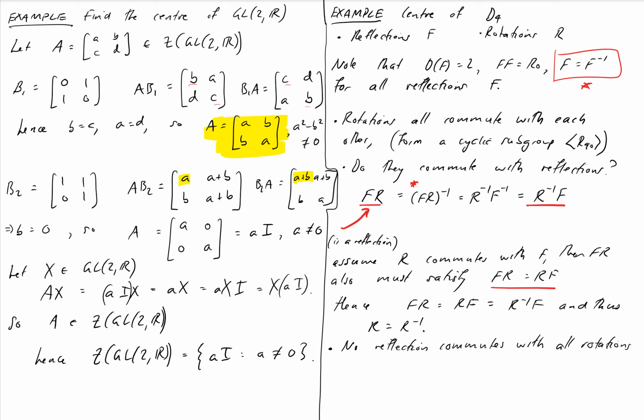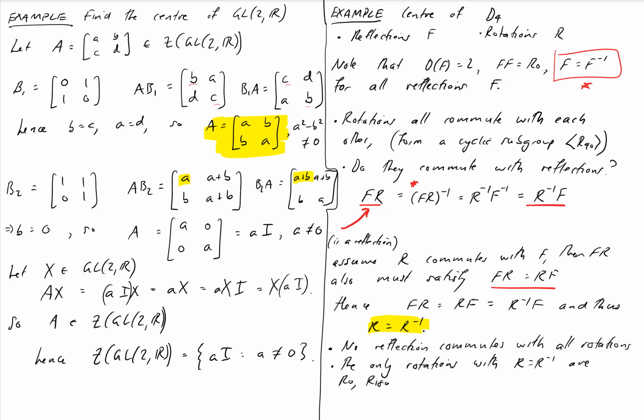Okay, because if they do, then that requires that R equals R inverse, and that is not true for all of the rotations. And the only rotations with R equals R inverse are R naught and R180.